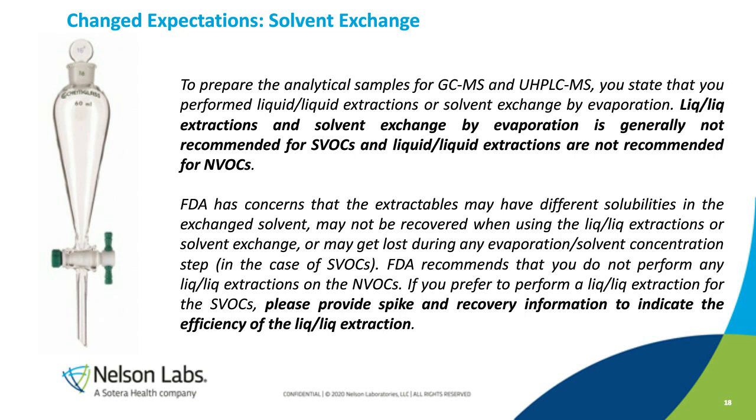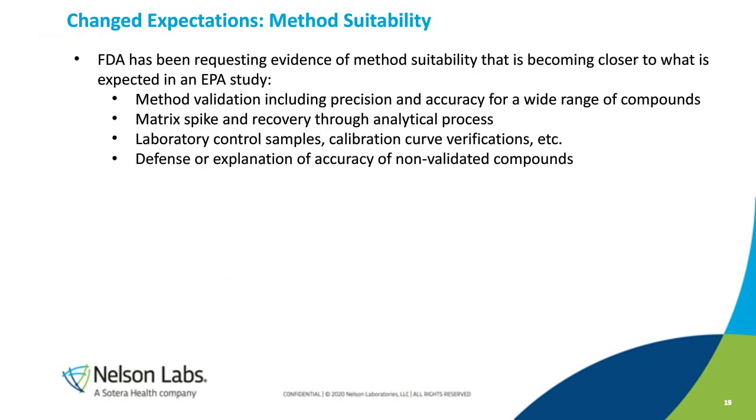And so really when I say adding this type of information, it's becoming more and more like the type of information that's routinely included in environmental work. So we're not doing environmental work in the medical device chemistry business, but these environmental chemistry labs, they're used to, and they've been doing for decades, providing this sort of method suitability and evidence that the results are true as part of their reports.